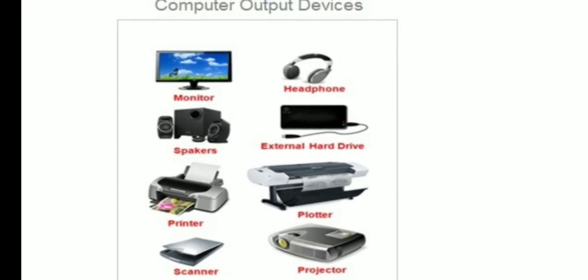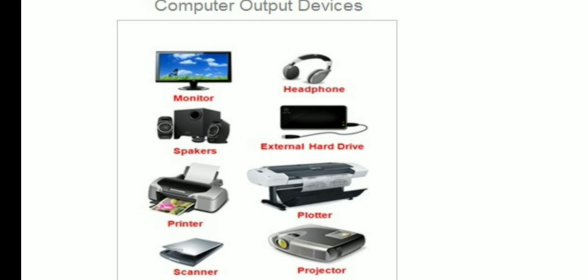Monitor, which is used to display the information on the screen. There are two types of monitors: cathode ray tube and liquid crystal display monitors. And printer, different types of printers are there, which are used to print a hard copy from the soft copies. Two categories of printers: impact printers and non-impact printers.